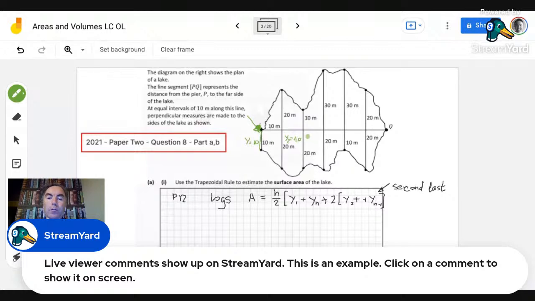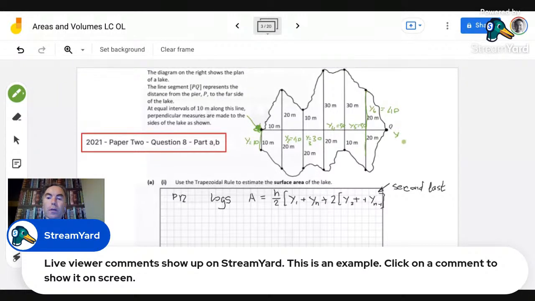And then we can go to y3, you guessed it, 10 plus 20 is 30. And then onwards, so y4 is equal to 50, y5 is equal to 50, y6 is equal to 20 plus 20 over here, so that will be 40.